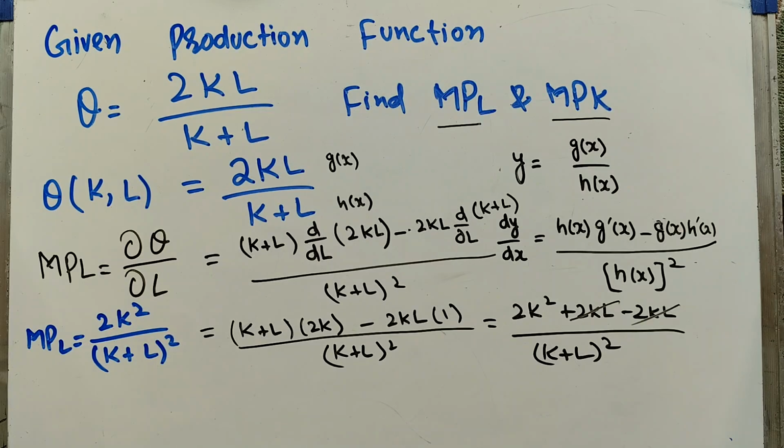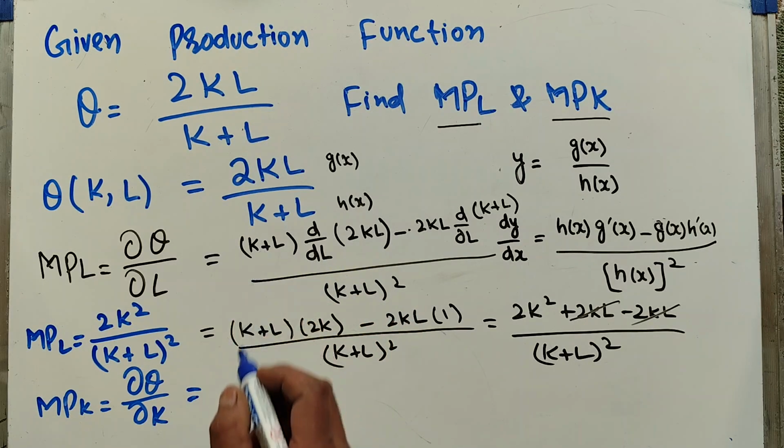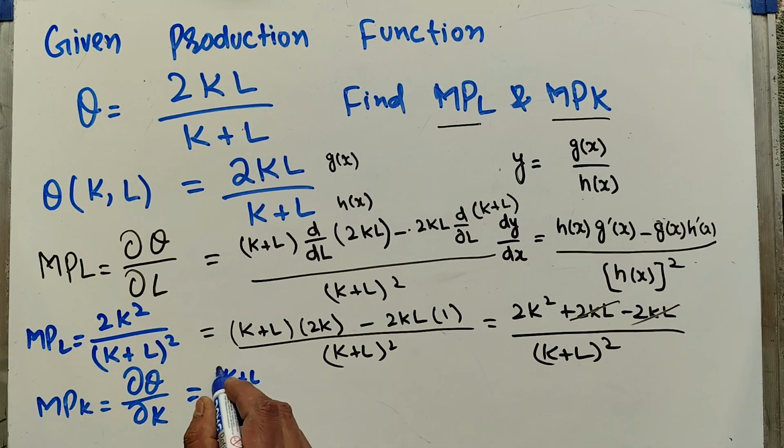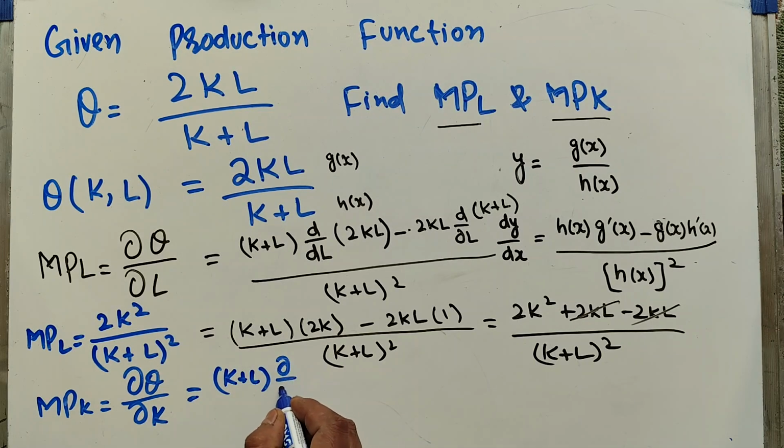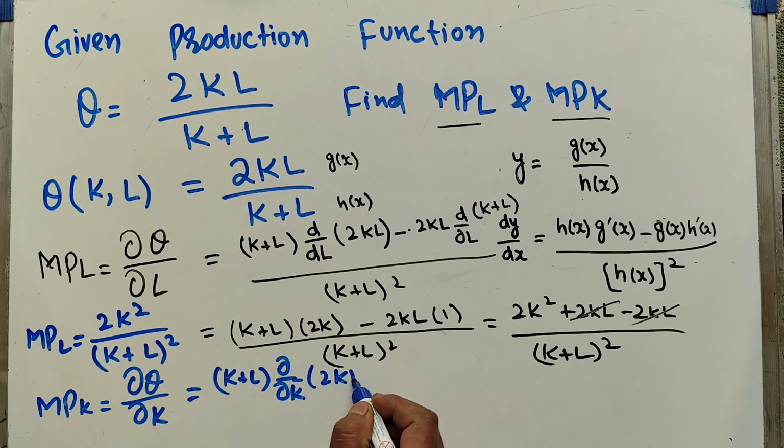In the same fashion, you can find the marginal product of capital. That will be equal to the partial derivative of the production function with respect to K. Again, we write the first function, that is K+L, and take the derivative, this time d/dK, because we are taking the partial with respect to K, of 2KL.